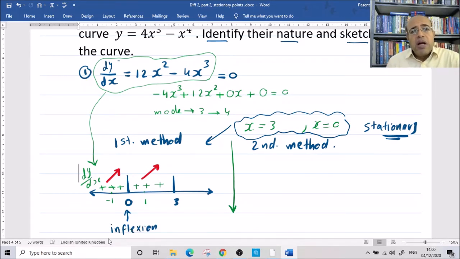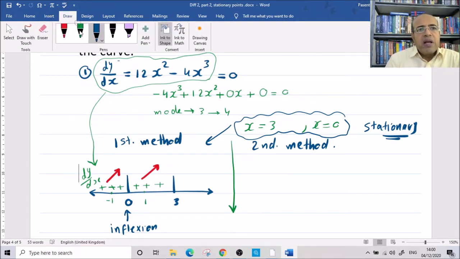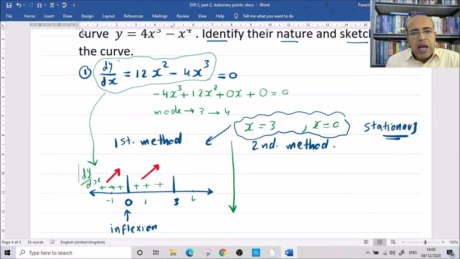Now, we choose a value after 3. After 3, for example, we can choose 4. And we go to dy by dx and replace x by 4. 12 bracket 4 to the power 2 minus 4 bracket 4 to the power 3. It will be negative.